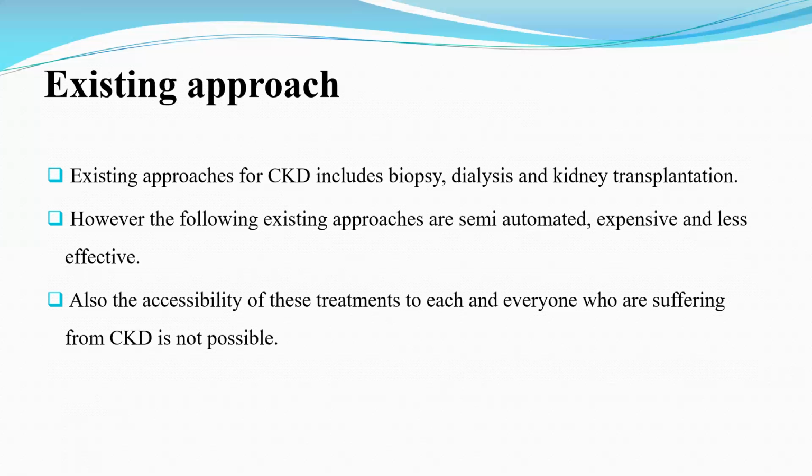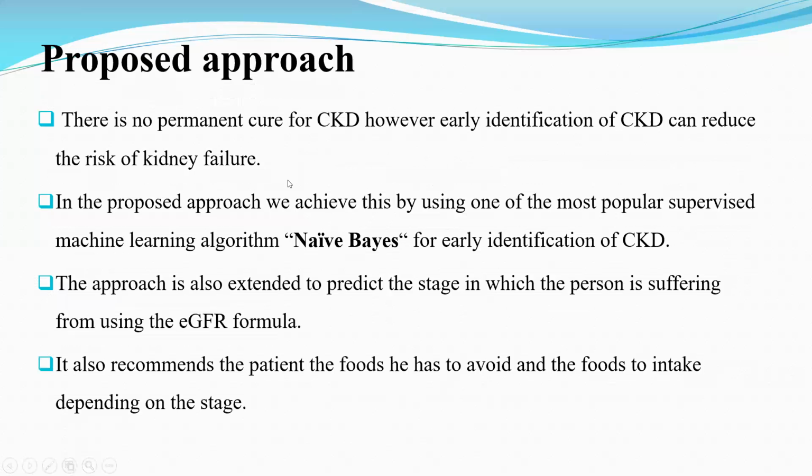Next, coming to the proposed approach. There is no permanent cure for CKD, but early identification of CKD can reduce the risk of kidney failure. In the proposed approach, we achieve this by using a supervised machine learning algorithm, that is the naive Bayes algorithm, for early identification of CKD.